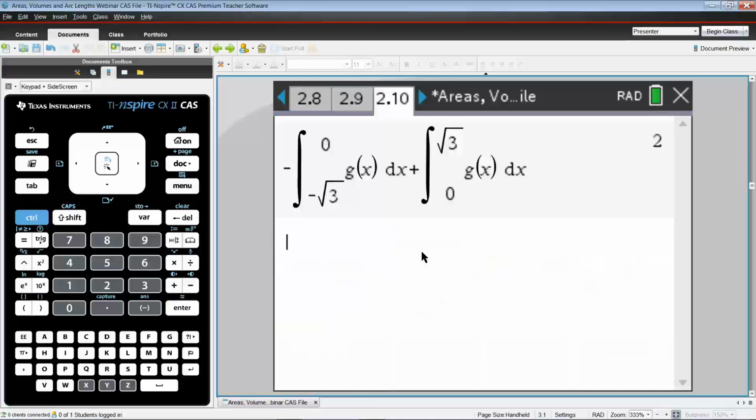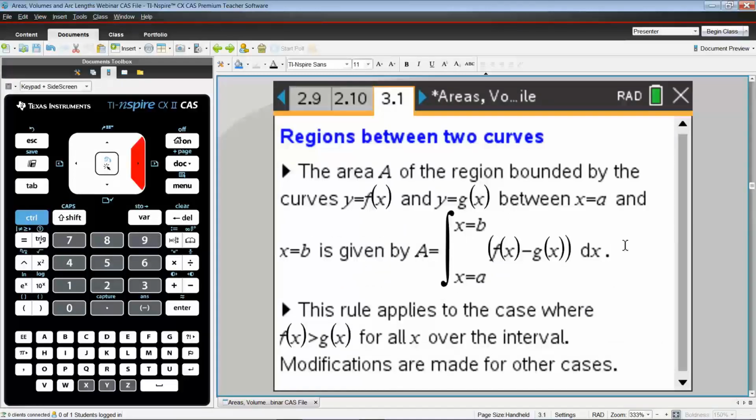All right, so the next part that we're going to look at is what about regions between two curves? So if you have two curves, y equals f of x and y equals g of x, and you want to find the area of the region that's between these two curves, at least between x equals a and x equals b, you simply need to take the difference of the two functions, making sure that f of x is above g of x within the interval.